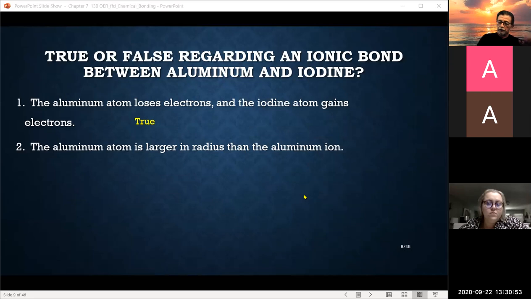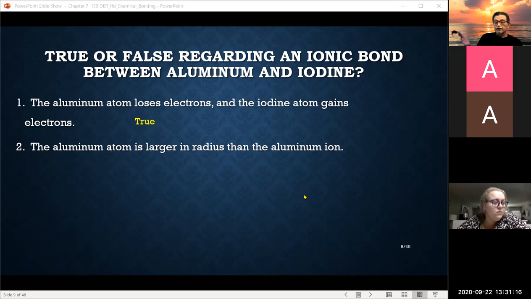You got it. Aluminum is a metal, so it's going to lose electrons. Aluminum is in the third energy level, the third period, so it's 3s2, 3p1. When it loses those 3 electrons, that whole valence shell is now empty.